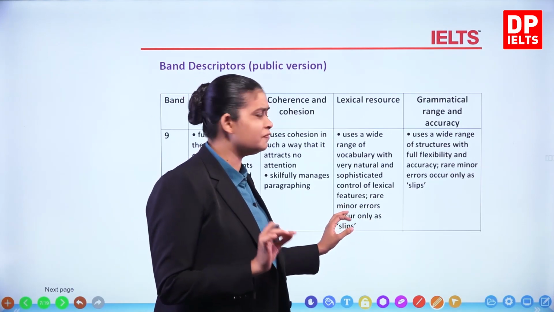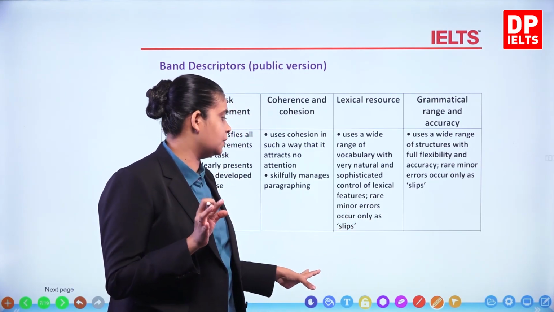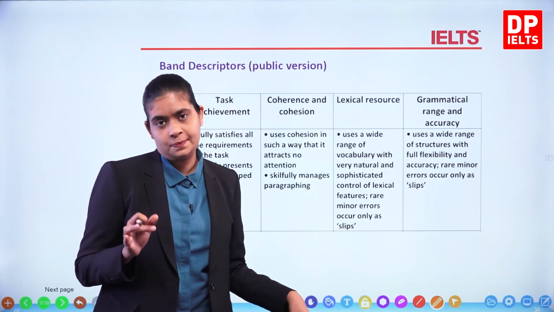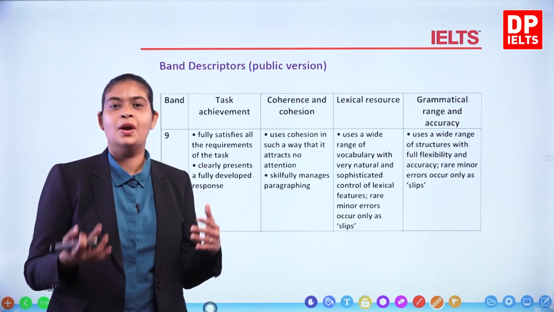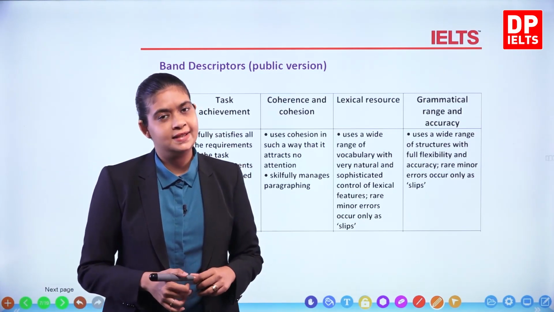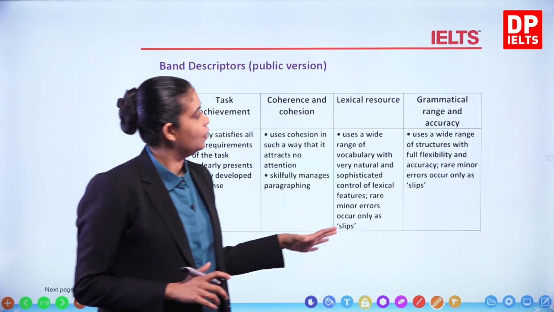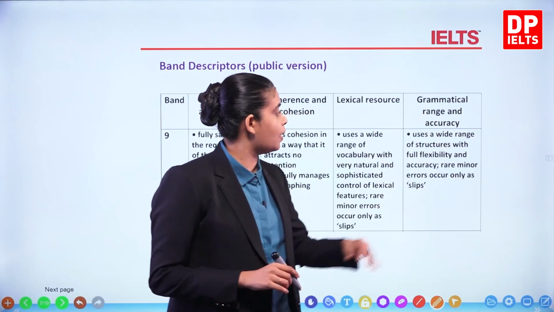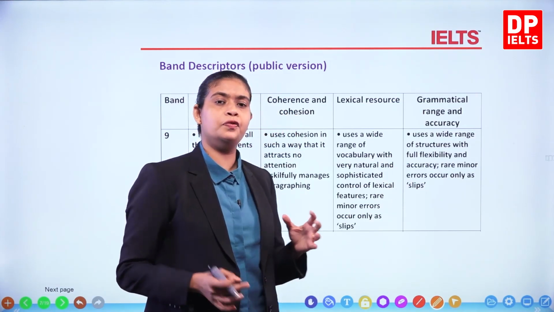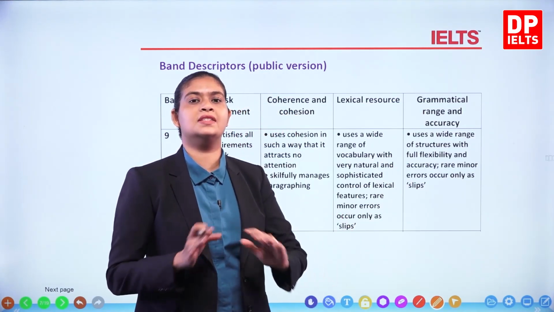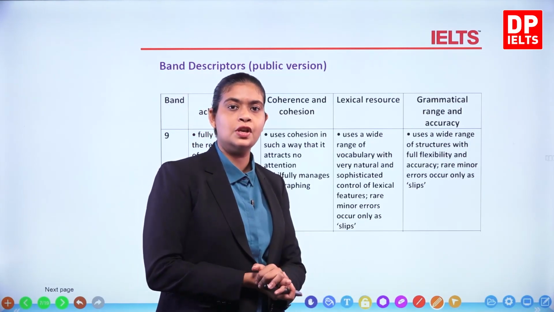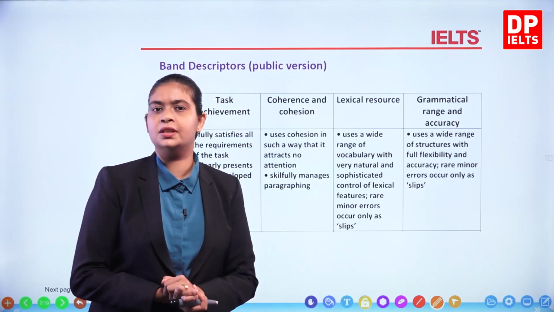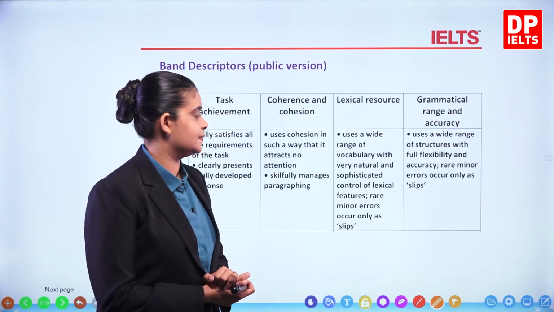And there are fairly minor errors, right? But they are only considered as slips. How do you know it's a slip? Examiners know that it is a slip. Grammatical range and accuracy here. You use a wide range of structures and you're fully flexible to use different sentence structures and patterns using a variety of simple, compound, complex sentences, right?